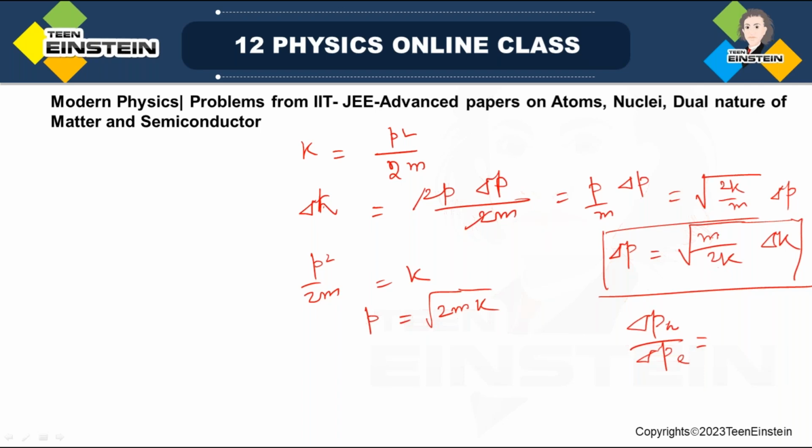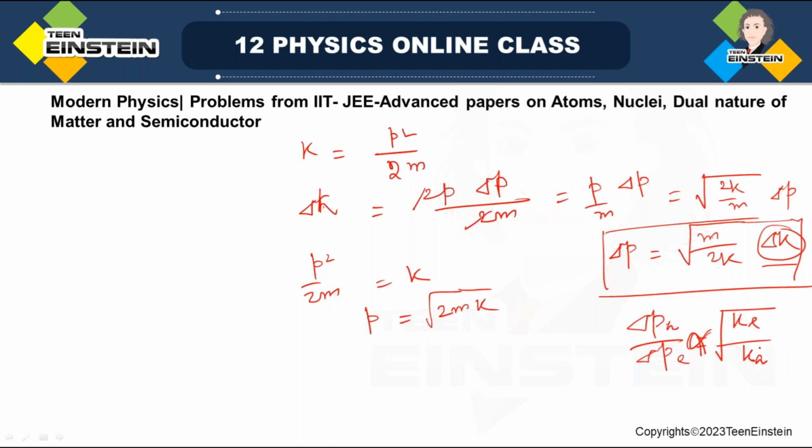So this is root over 2K, and the term 2m by 2 will get cancelled. Let us take this as a constant anyway. So it will actually be K E by K A, somewhat proportional to this.